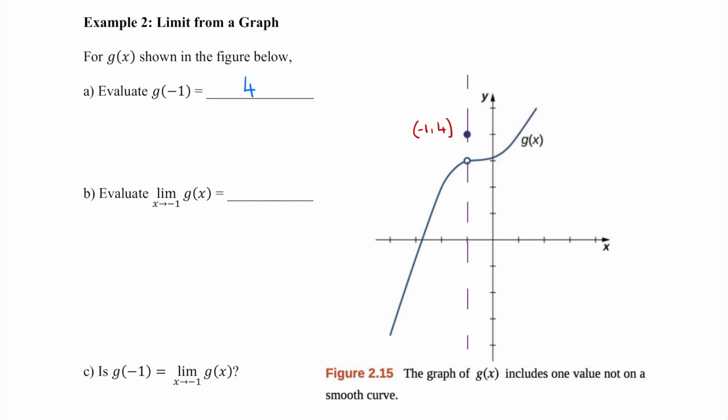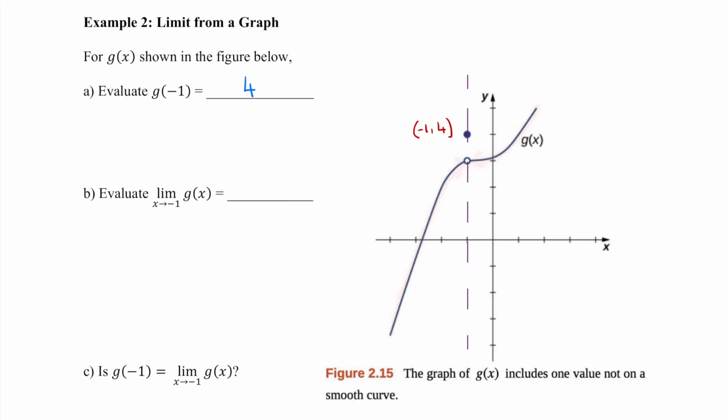Now, we ask ourselves, as x approaches negative 1 from the left, what y value is the graph approaching? And as x approaches negative 1 from the right, what y value is it approaching? So look carefully. The graph moves toward the open circle from both sides.